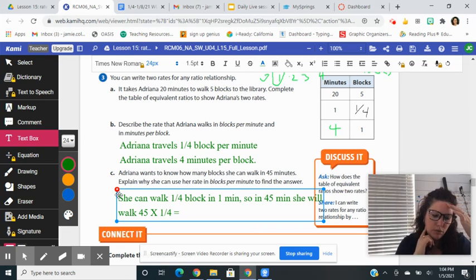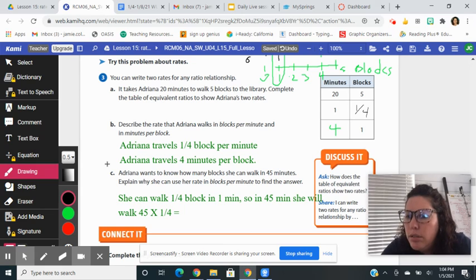So what does it equal? 45 times 1/4. Let me work it out real quick. So 45, let me use this little space right here. 45 times 1/4 is 45/4.